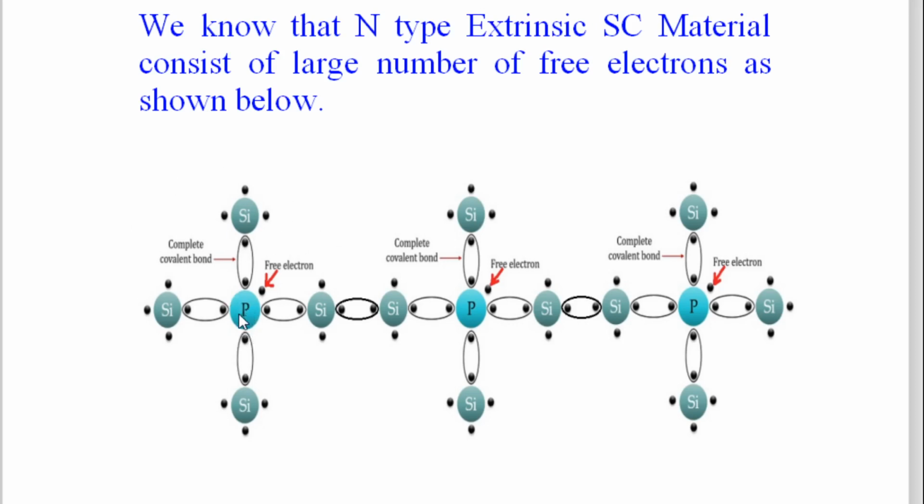Phosphorus pentavalent means 5 valence electrons are there. So this single atom of phosphorus will donate one free electron to this structure, because 4 electrons of the phosphorus are shared with 4 neighboring silicon atoms and one excess electron is free. That's why it is said one pentavalent impurity creates one free electron in n-type semiconductor material.